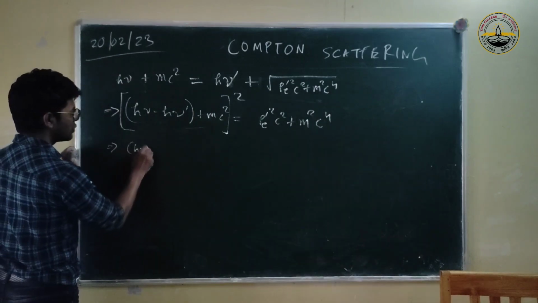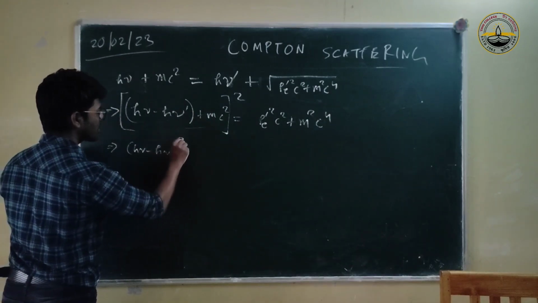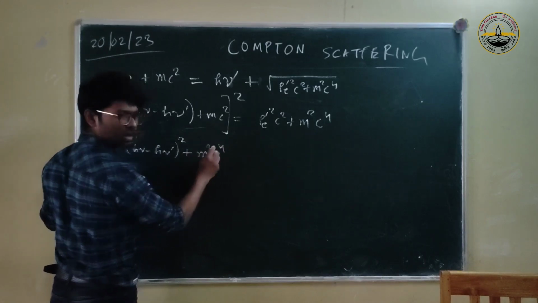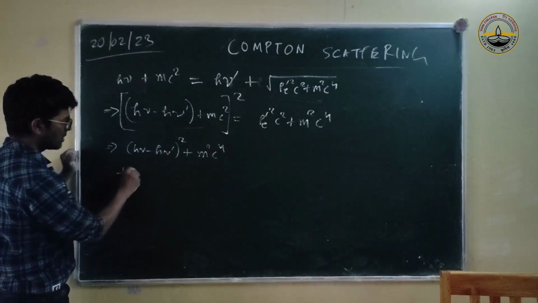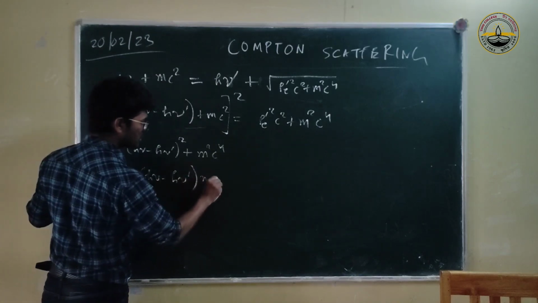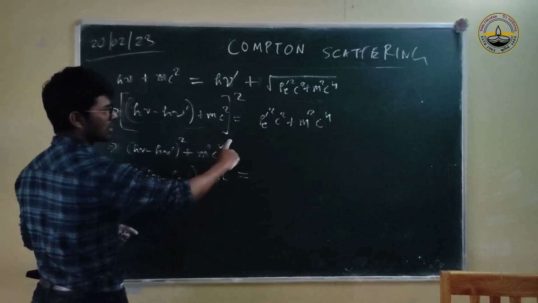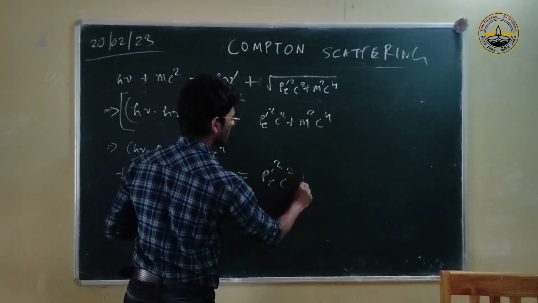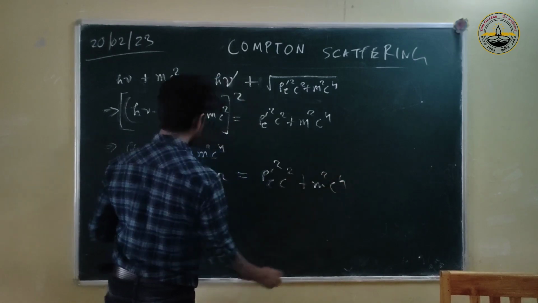So we have h nu minus h nu prime whole square, plus m square c to the power 4, right? And then 2 h nu minus h nu prime mc square equal to this thing, p prime square c square plus m square c to the 4.